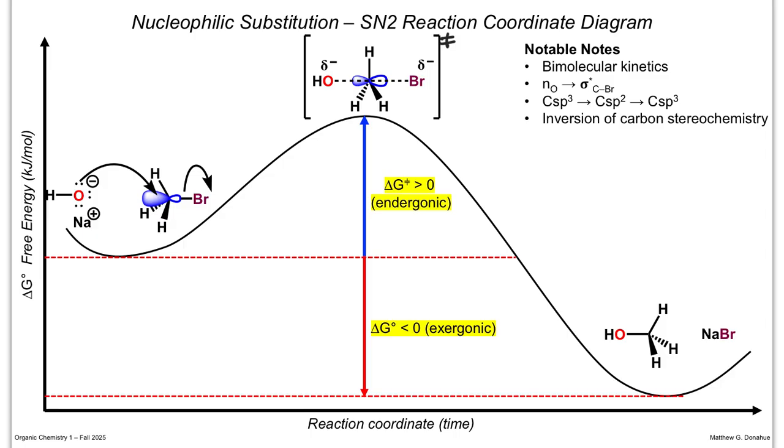And maybe one step up to make some movement. So we'll just consider this carbon as methane. So these are H's. This thing is the leaving group.